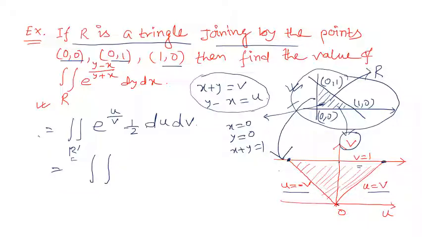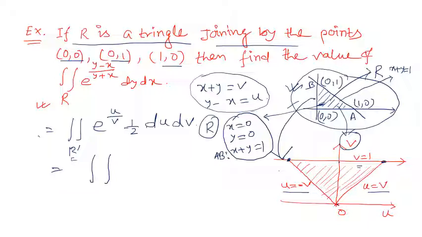The equation of this line is x plus y equals 1, right? This is the equation of the line. I have named it AB. So AB, the equation of the line, is this. Therefore, compared to the previous picture, the region R is bounded by this.